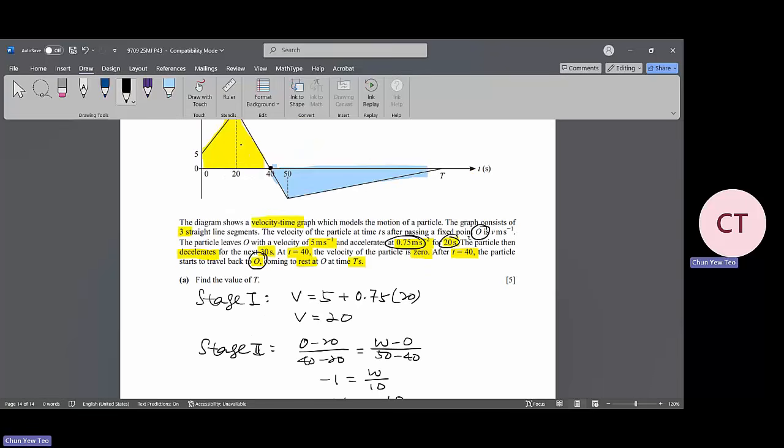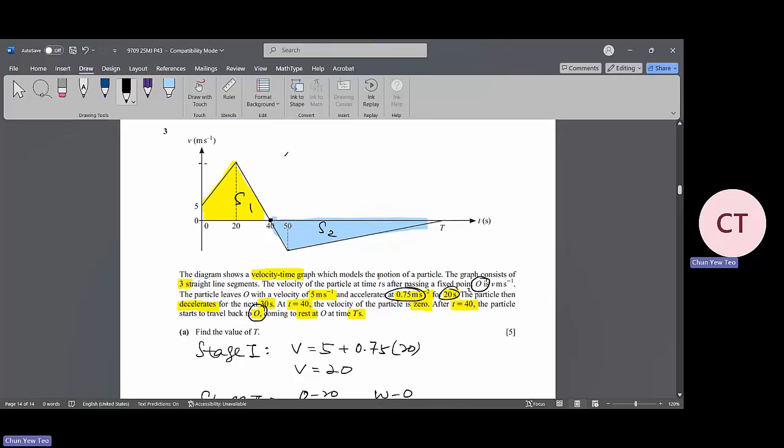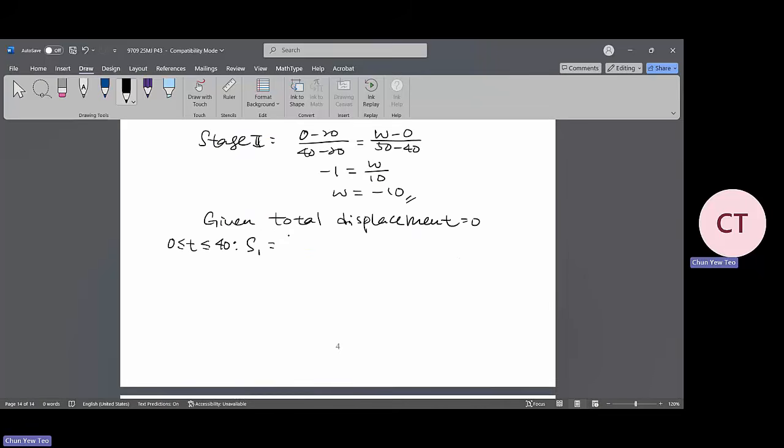This is S1, this is S2. For S1, I will use the area formula: trapezium plus right angle triangle. So we have a half multiplied by 5 plus 20 times 20, plus the half times the base times the height. So you will get 450.